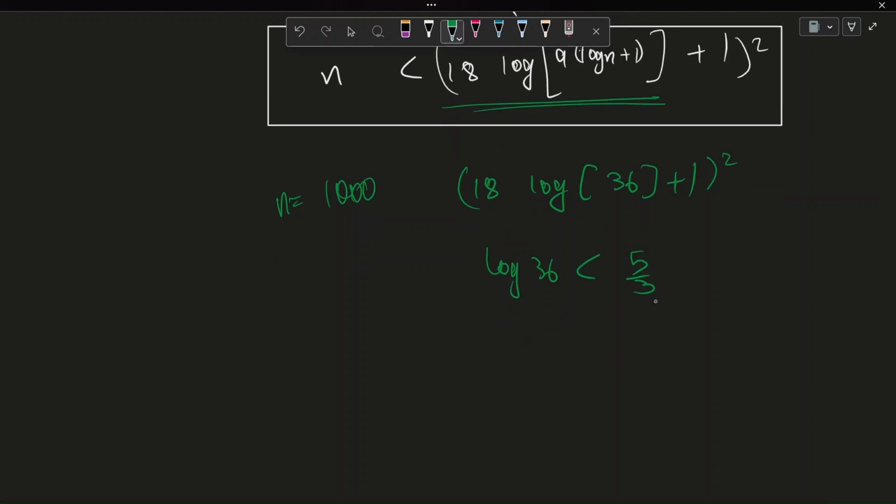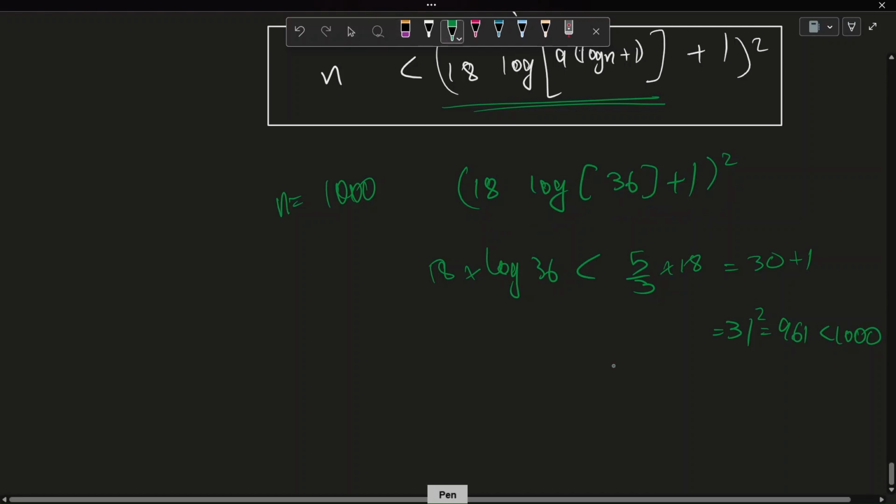And if log of 36 is less than 5 by 3, then we can multiply with 18, so this will become 30, and adding 1 this will become 31, and 31 square is 961, which is less than 1000. Okay, so this whole term is less than 1000. This is what we concluded.